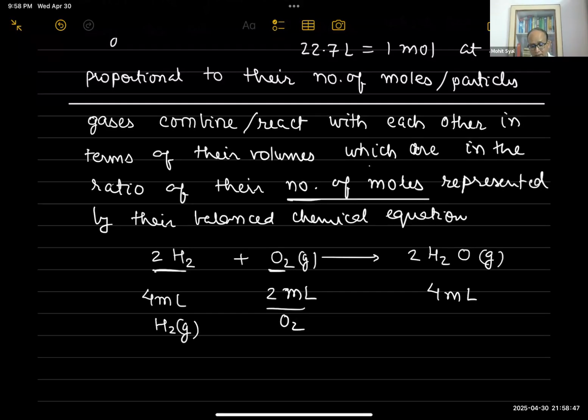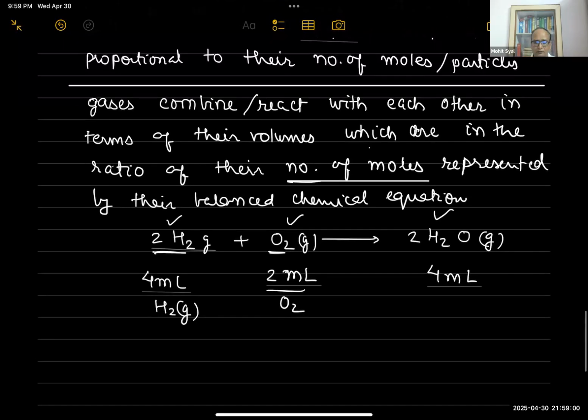But there is a condition, a criterion that needs to be fulfilled, that all the three should be measured at same temperature and pressure. Is it clear? Yes. If they are at different temperature and pressure, then I can't relate their volumes, because gas volume can vary very largely depending on temperature.